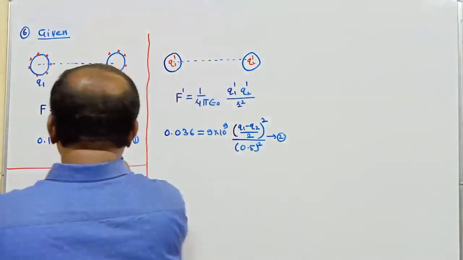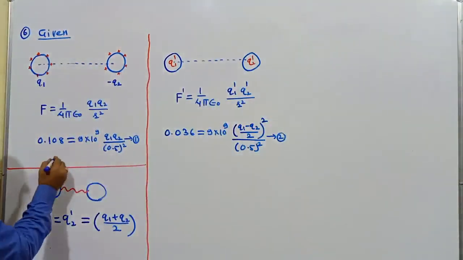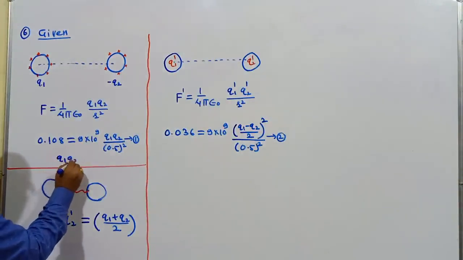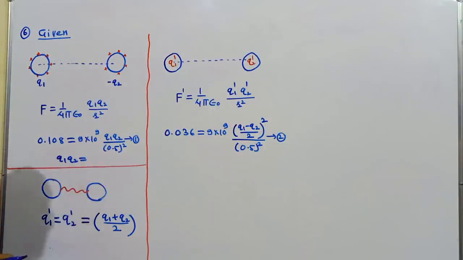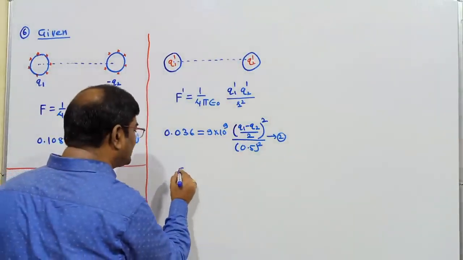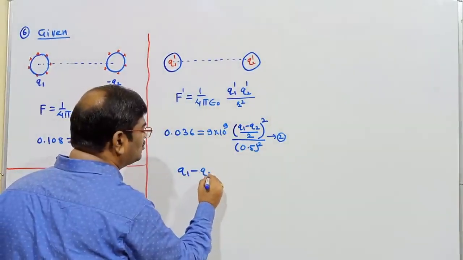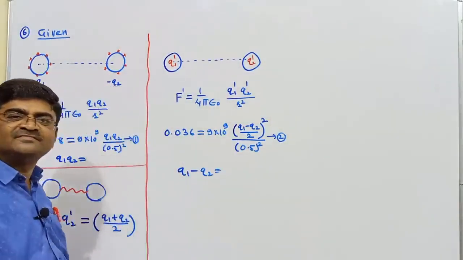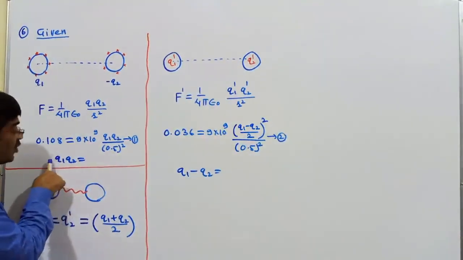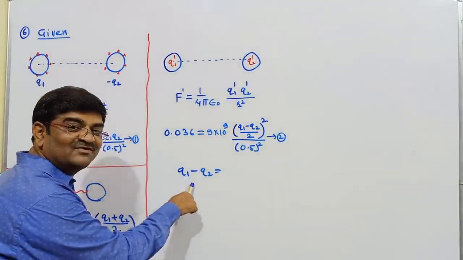From here you arrive at q1 equal to q2. One value you can work out there. And even if you do this, you will arrive at some value, q1 minus q2 equal to some value you get. And from here, the q1 value you substitute in terms of q2.